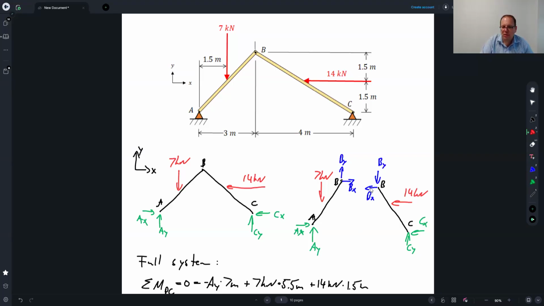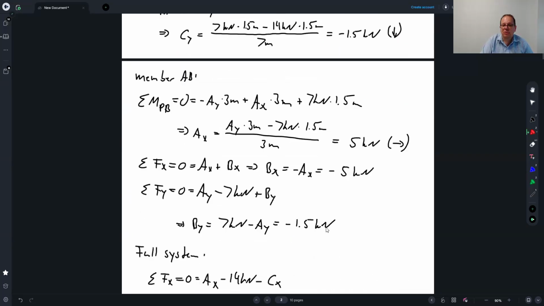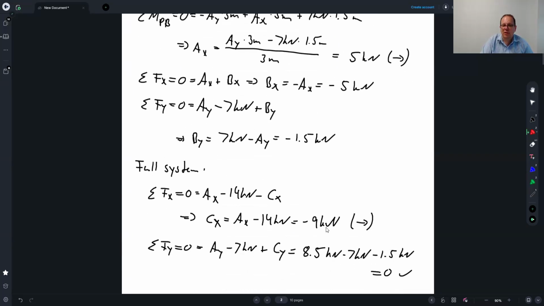Very important that the forces have to cancel each other out if I put them back together, right? So if BX to the right here, it has to be to the left on the other side. If BY is upward positive, it has to be downward positive on the other side. And then I just have to see where my easiest equations are, and then I can go step by step to solve the entire thing.